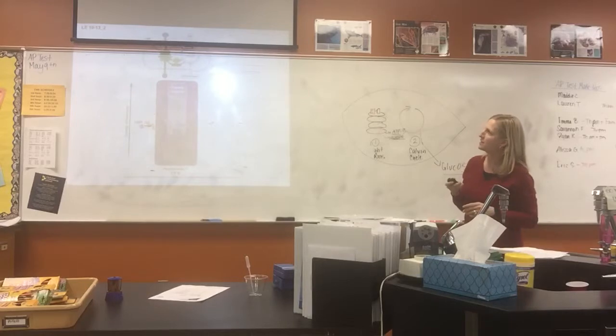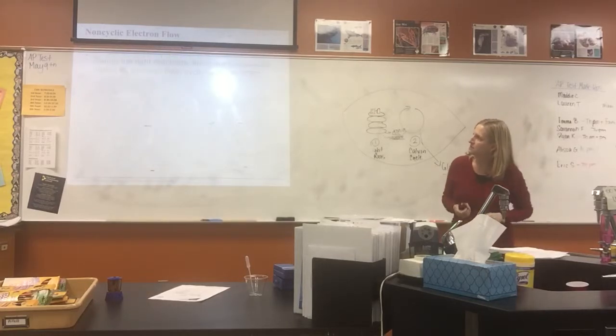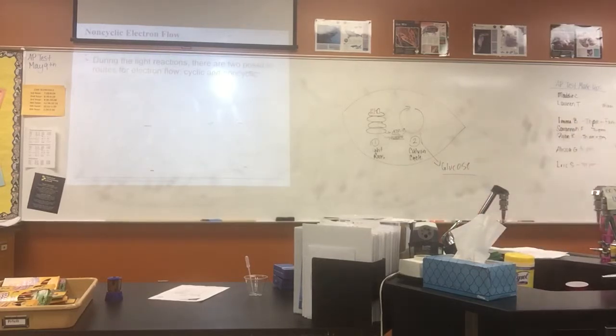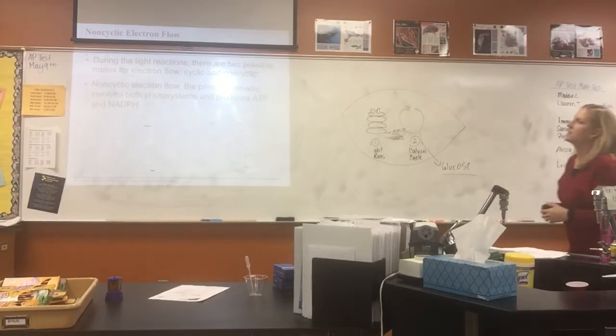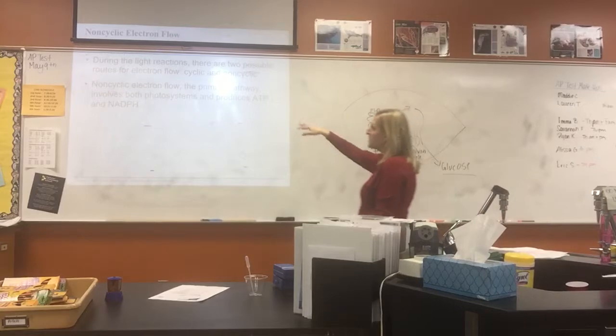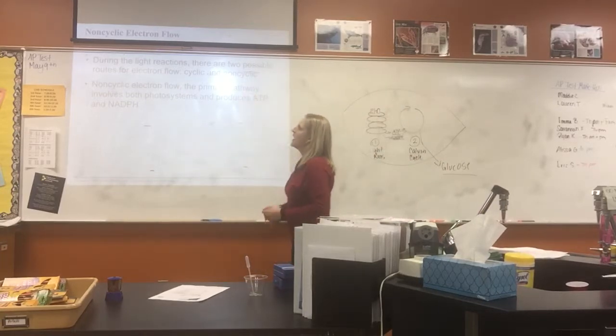So let's go back to the part that I skipped. During the light reactions, there are two possible routes for electron flow. Cyclic and non-cyclic, and the non-cyclic is what we're going to look at first. So this is the primary pathway of electrons.